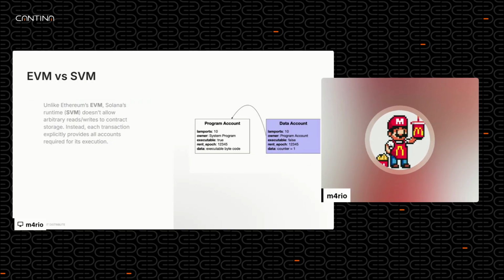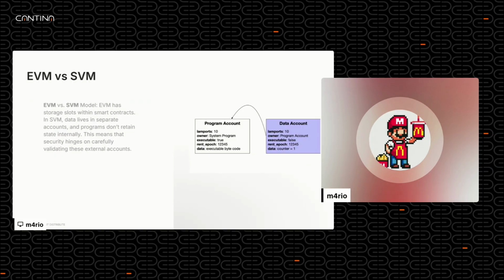While on Solana, the SVM runtime does not allow these reads and writes arbitrarily. You cannot write to arbitrary accounts that you do not want to. It's a bit more secure than the EVM because it's up to your way of writing these programs to decide exactly which accounts you want to manipulate or read and so on.